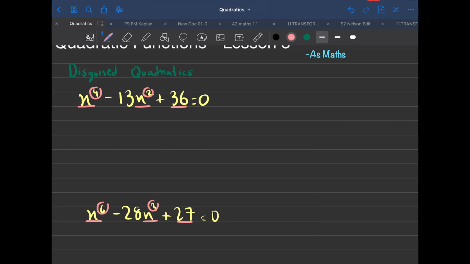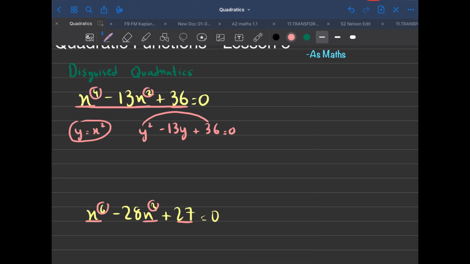So in add math, they tell you that y is equal to x squared. Now solve for x. But in AS math, a direct question like this can be given to you and you need to substitute yourself, or they might give you y is equal to x squared. So how will I solve this? x power 4 will become y squared minus 13y plus 36 is equal to 0. Now, 1 into 36 becomes what? 36.